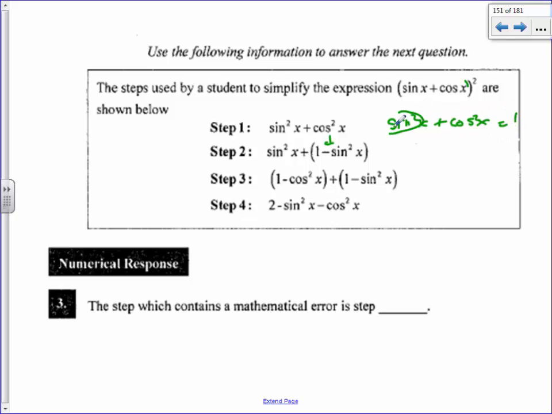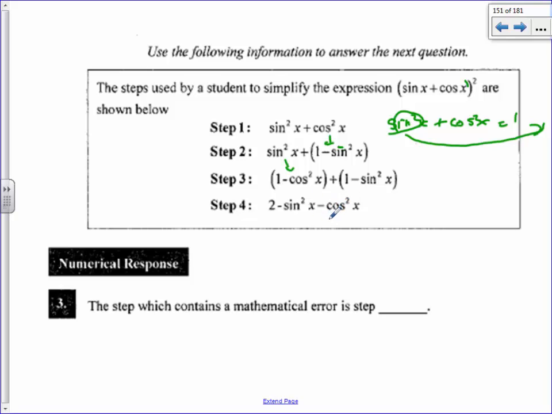If you pull the sine squared to the other side, cosine squared is equal to 1 minus sine squared, so that was true. Here they kept this the same and made sine squared turn into 1 minus cosine squared, which is also true. Then it looks like they took 1 plus 1 to give 2, and a negative cosine and a negative sine to give all of this.